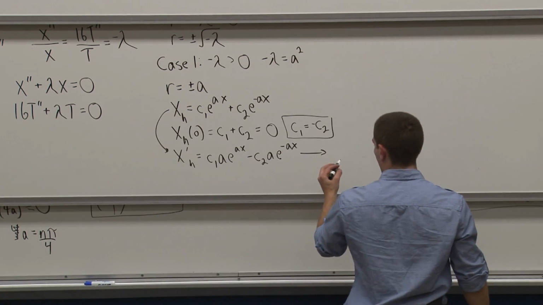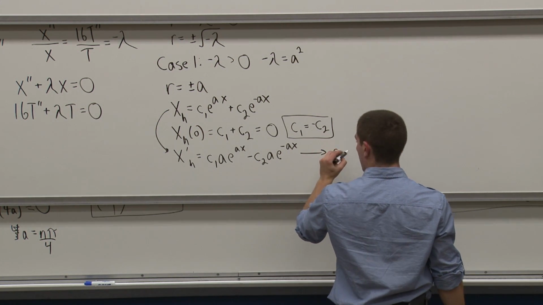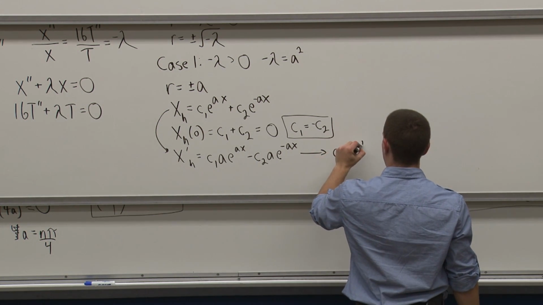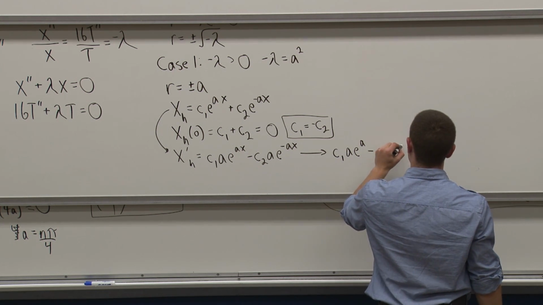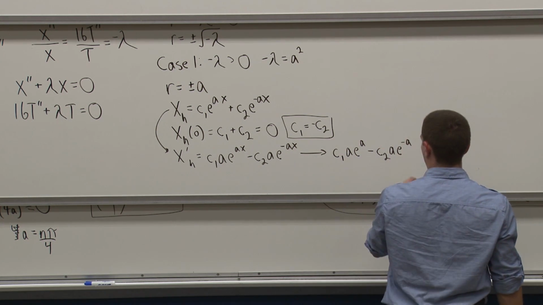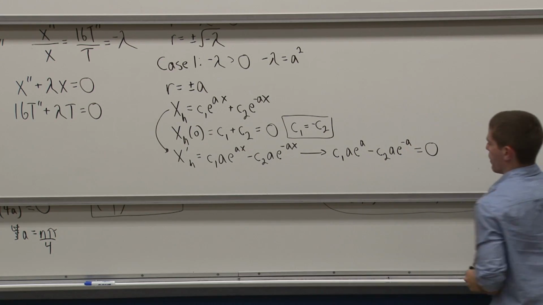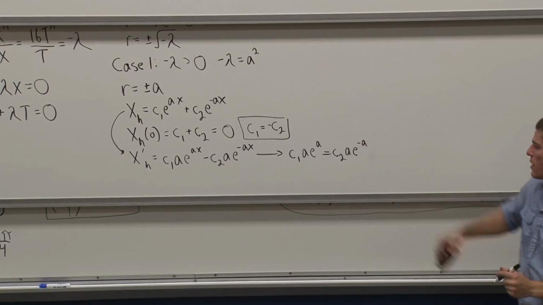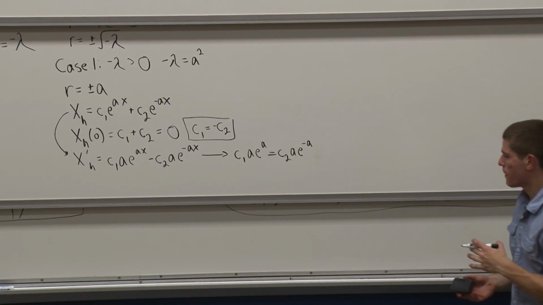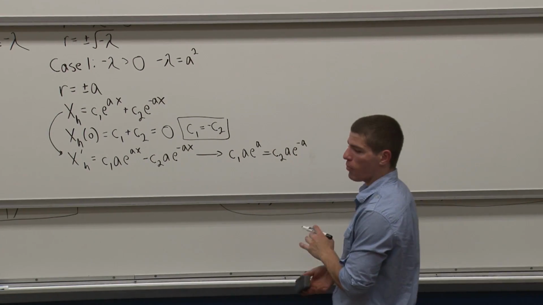So let's plug in 1. So you have c1 a e to the a minus c2 a e to the negative a equals 0. All right, so now from that, we have the relationship that c1 equals negative c2.